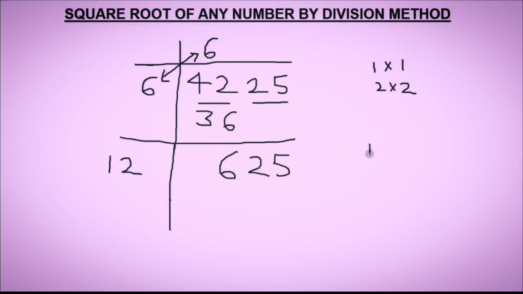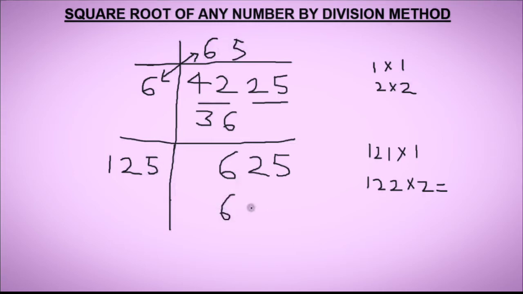Now we need to select a number at the unit place such that on doing multiplication the number should be closest to or less than 625. If you check that, we are getting 625, so we can write 5 as our unit digit. So we'll write 5 over here and over here. Clear?